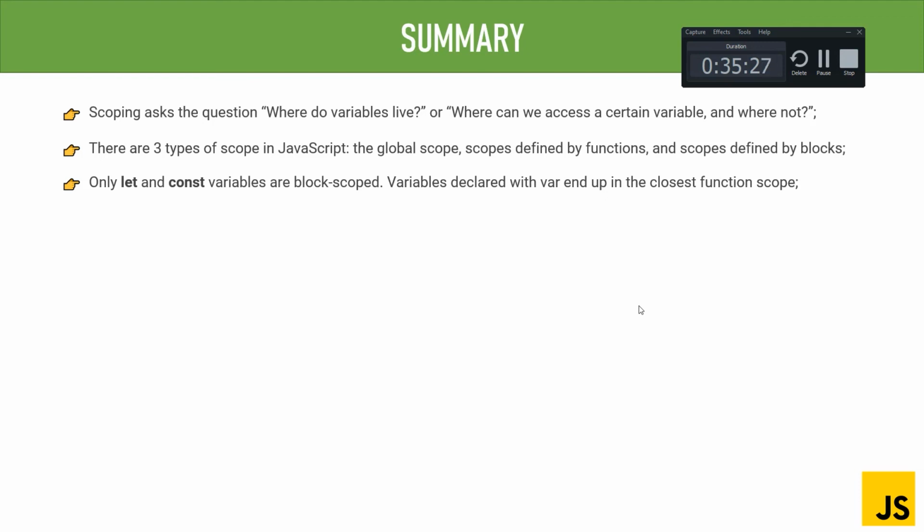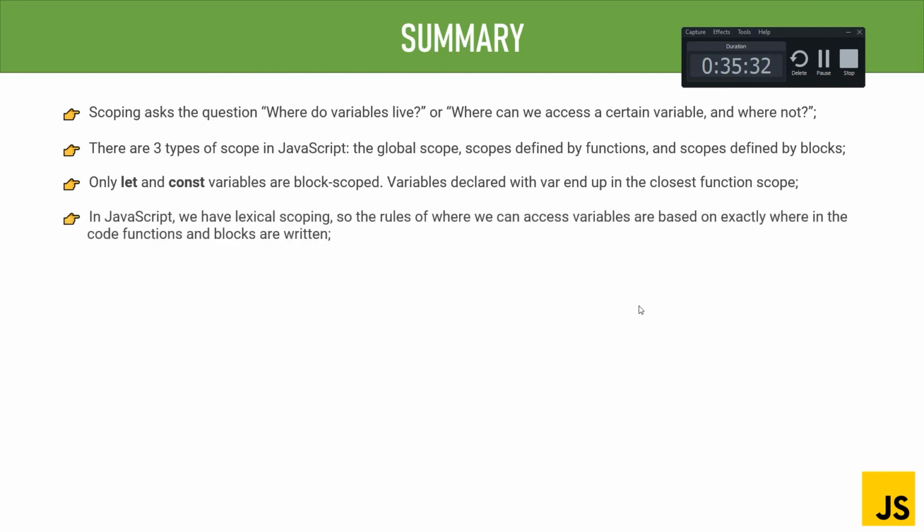Next, in JavaScript, we have lexical scoping, which means that the rules of where we can access variables are based on where in the code functions and blocks are written. And now, let the magic begin. Because every scope always has access to all the variables from all its outer scopes.